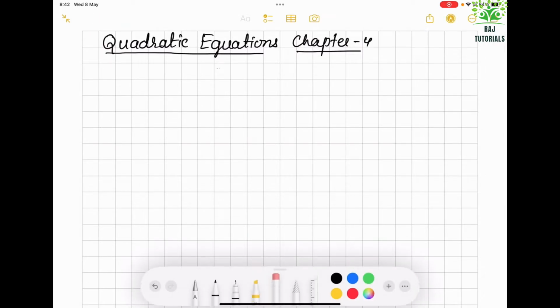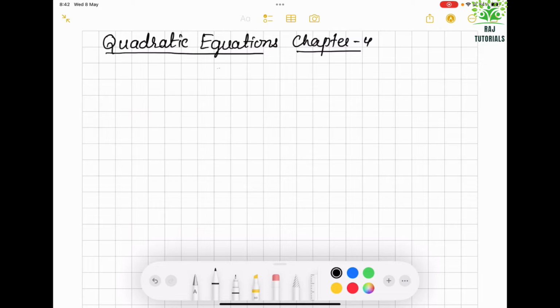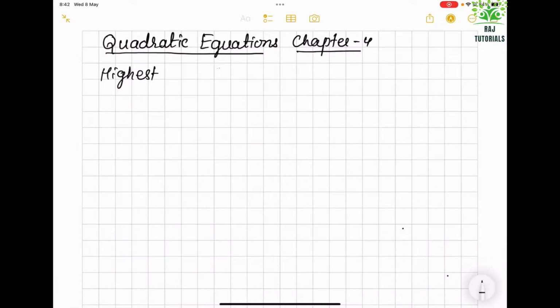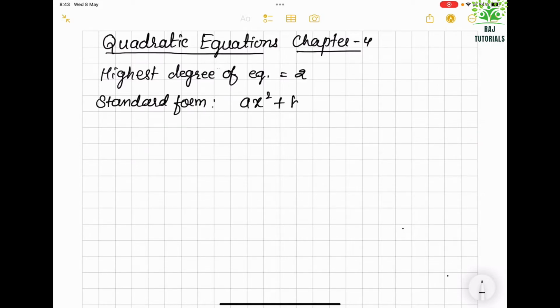So I can say if the highest degree of an equation is 2, the standard form is denoted by ax square plus bx plus c equal to 0.